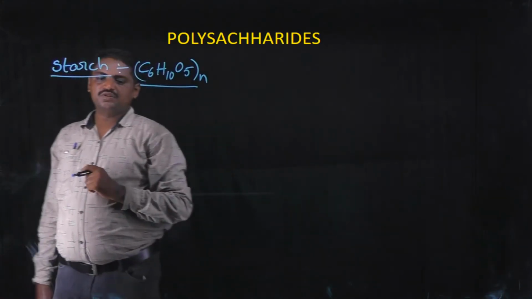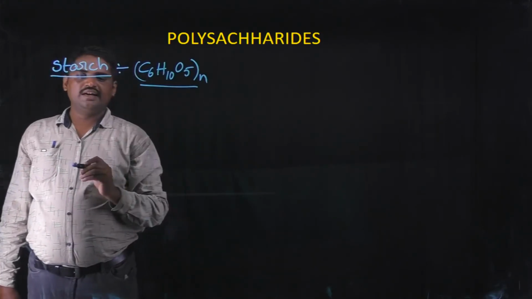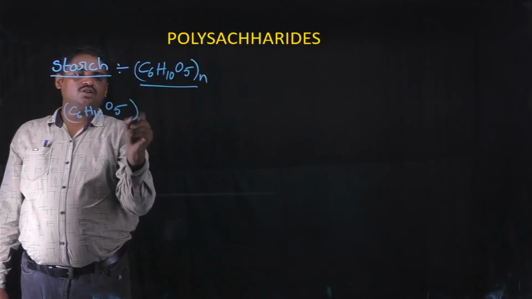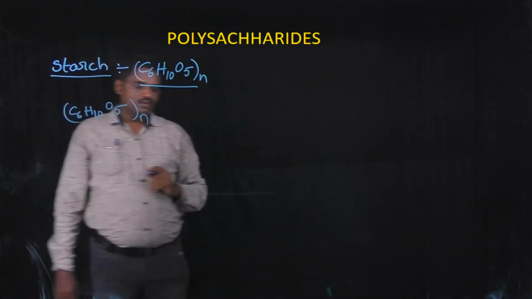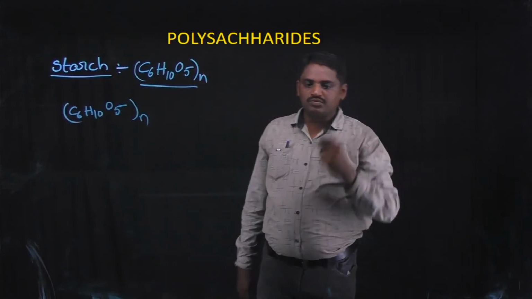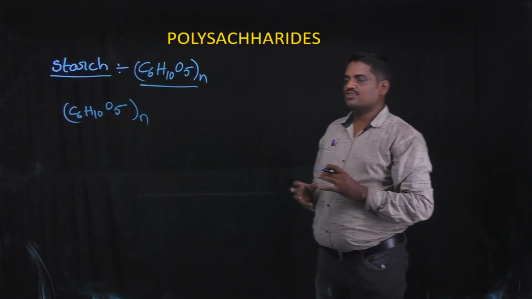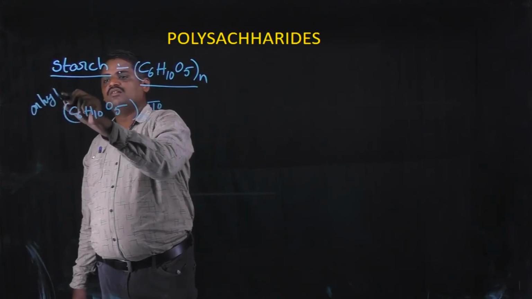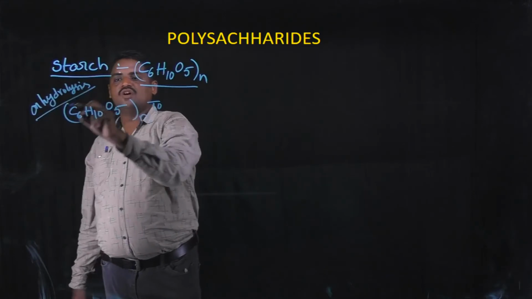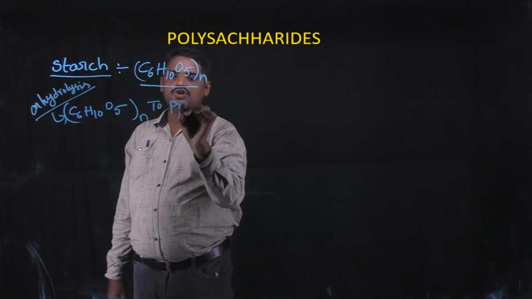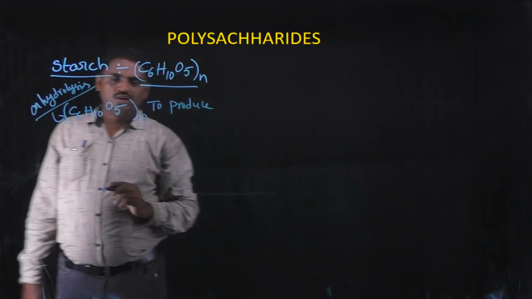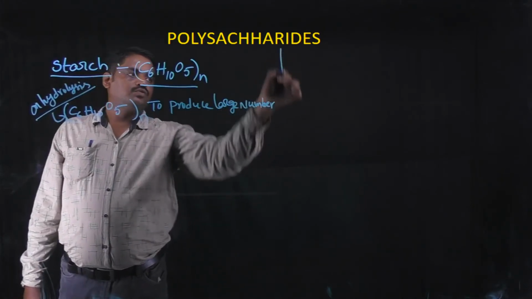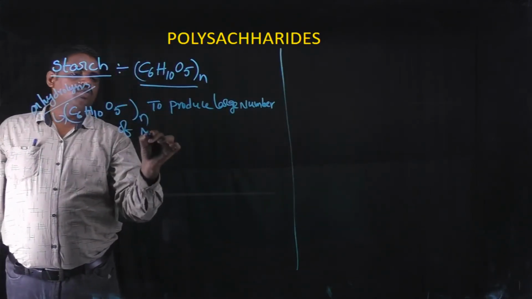And hydrolysis of starch, C6H10O5. On hydrolysis, starch produces a large number of monosaccharides.